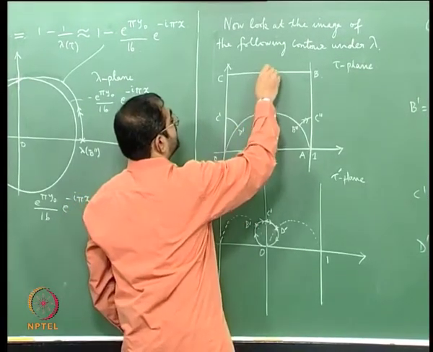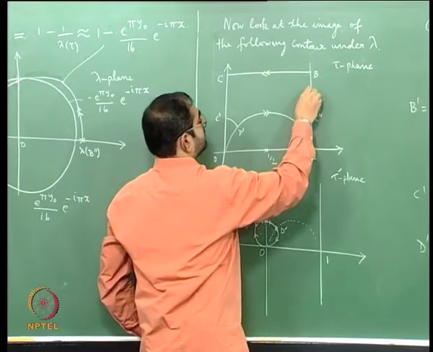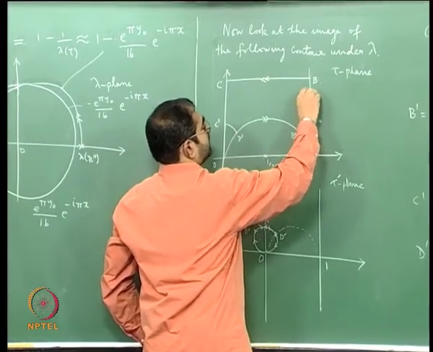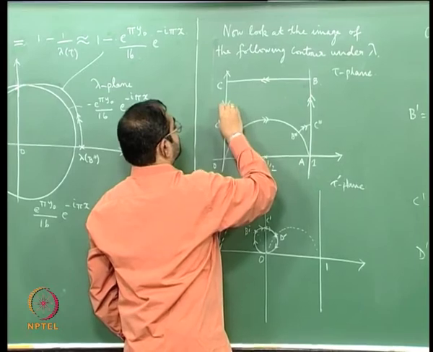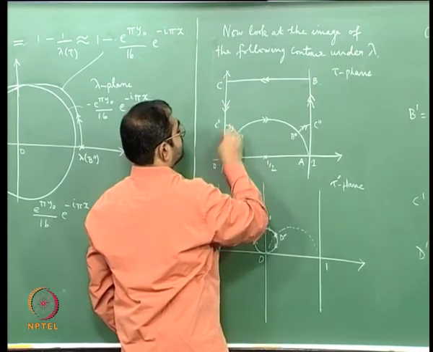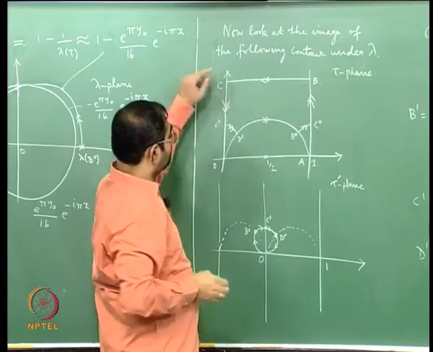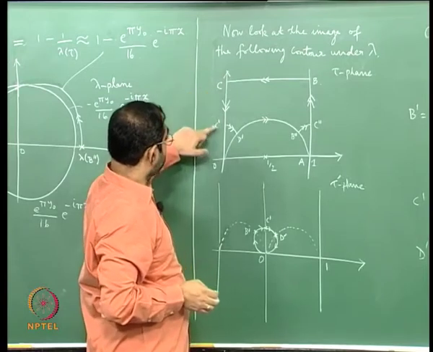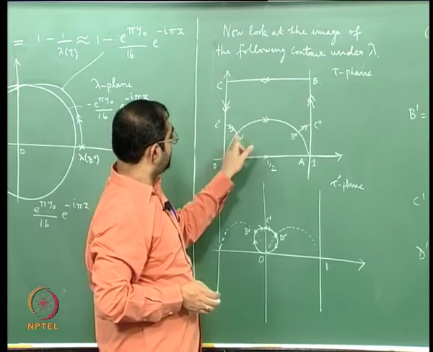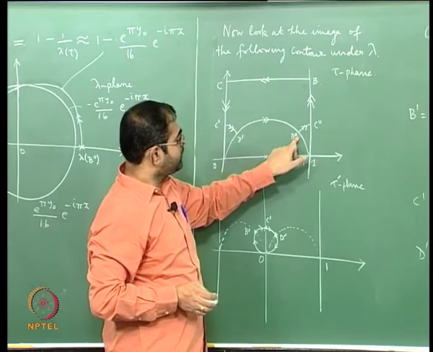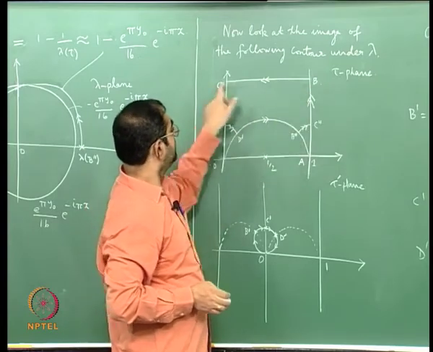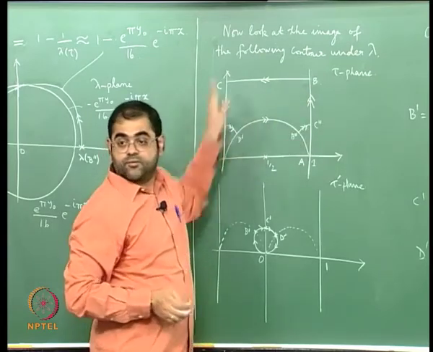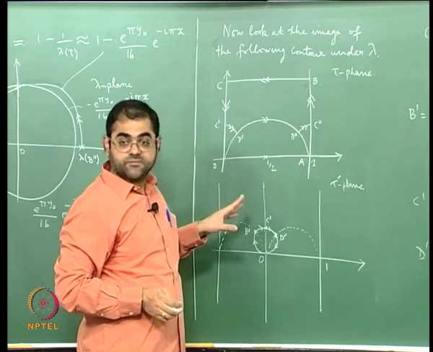You see my contour is this. I start with C, then go to C prime, D prime, then I go along this, then go to B double prime, C double prime, then go to B, then go to C. So this is my closed contour, and I am trying to look at the image of this.